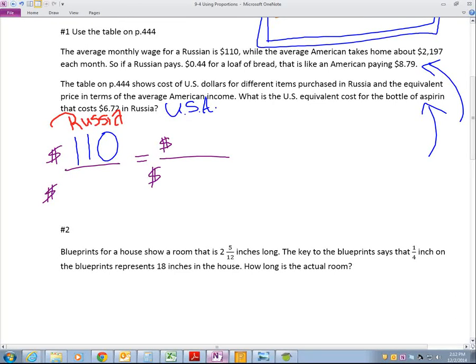Now, how about this spot here? What is directly proportionate to that? What do we have to compare, Jace? 2,197 bucks. Now, Luke, can you help me tell me what else information we know? Do we know something else about the U.S. or do you know something else about Russia? As far as things that we're trying to find out. This is because we have the average monthly income on the top, which is related to the average monthly income on the top.